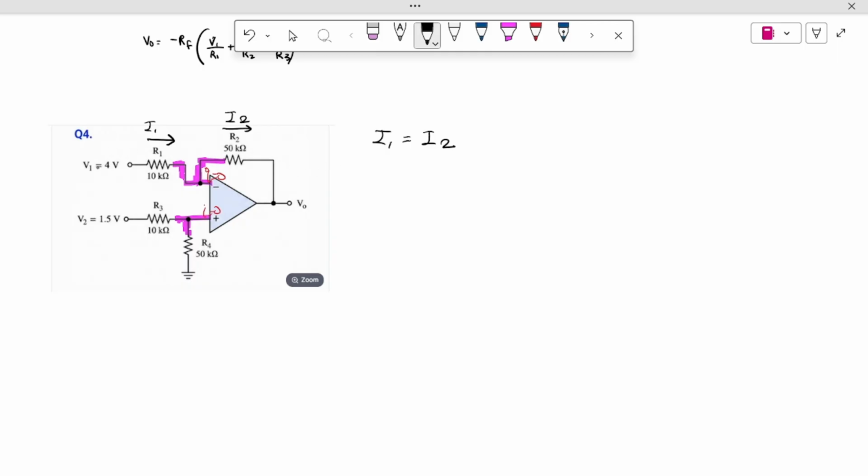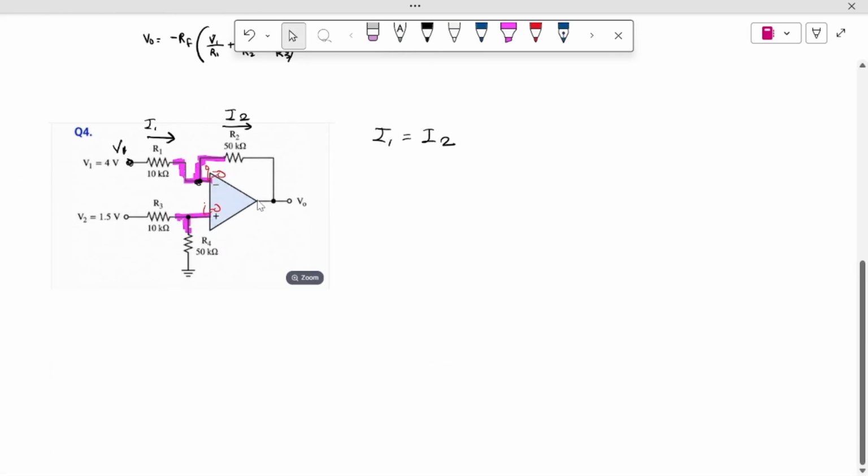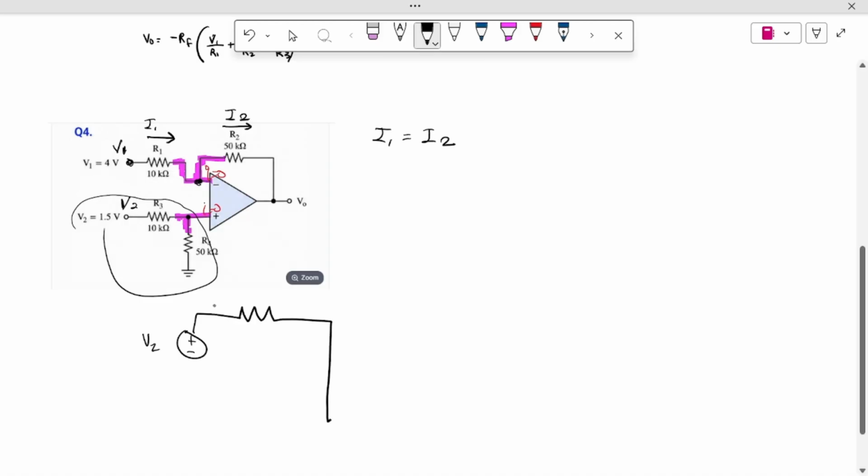Now we know the potential across this node is V1, but we don't know what the potential is at this node because it's not ground like in these examples, so it's not 0. It is some value though. How do we find that value? So let's look at this circuit. We know this input is V2, right? And essentially this is a voltage divider, like the equivalent of the circuit is just going to be plus minus V2.